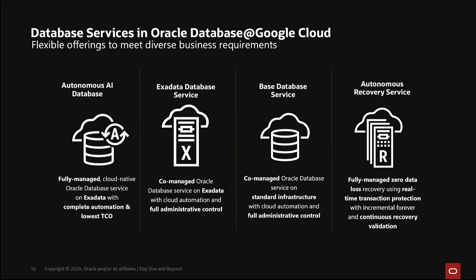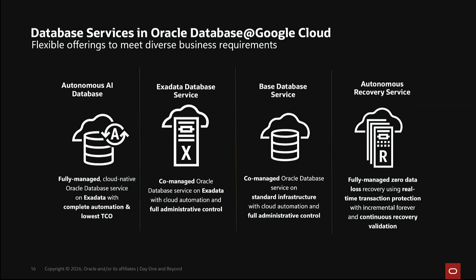Then we have our base database service, which is also a co-managed Oracle database service on a shared infrastructure. You spin up a VM, you provision a single VM with a single Oracle home and a single CDB. You can have lots of PDBs, but it also comes with a lot of cloud automation and has full administrative control.